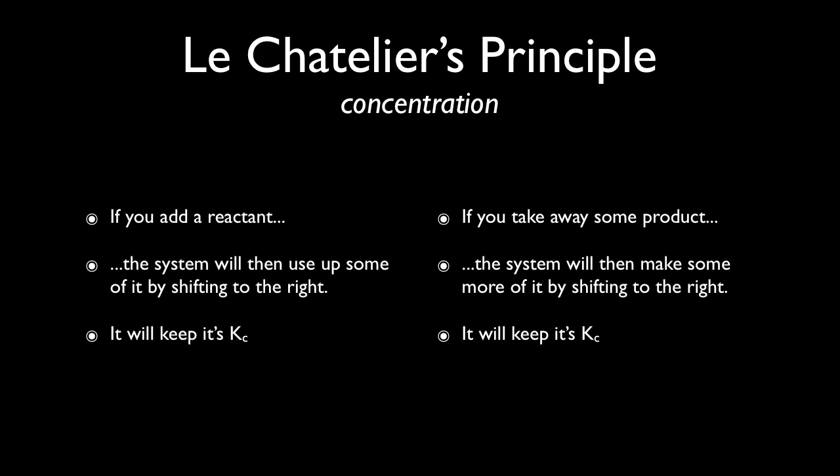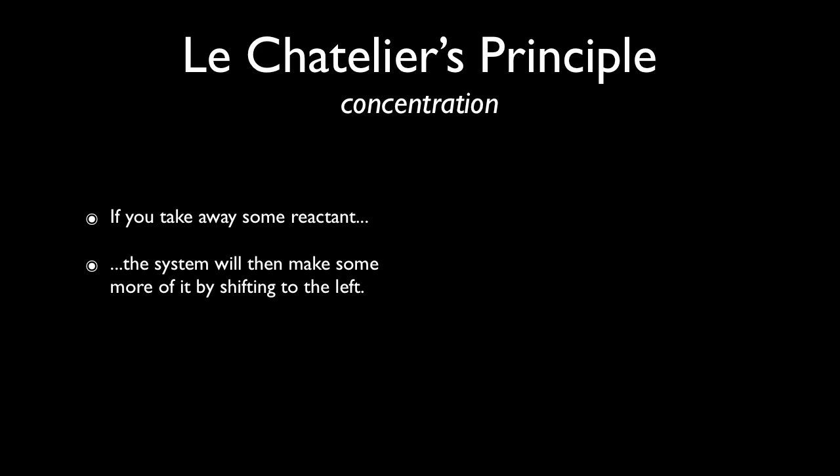Both of these, adding reactant or taking away some product, make the system respond by shifting to the right. And then we can also go to the left. If you take away some reactant, the system will make more of it by shifting to the left, and yet again the equilibrium constant Kc stays the same.